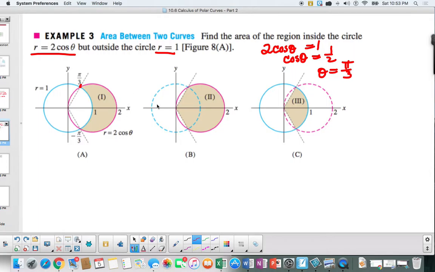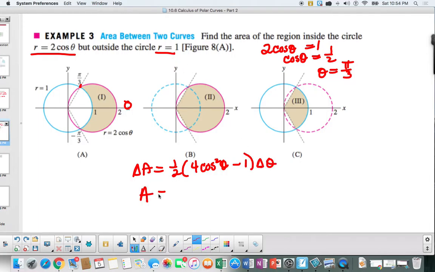I'm going to find the area of the subtraction right here, from 0 to pi thirds, and then I'm going to double it to get this area that's underneath. So a little representation of area will be equal to 1/2 the larger radius, which is this one over here, which I'm going to square, 4 cosine squared theta, minus I'm going to square this radius, 1 delta theta.